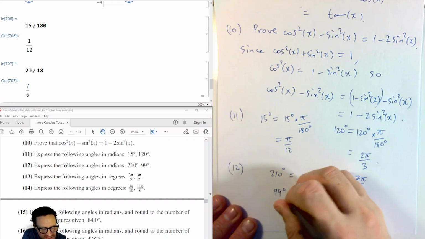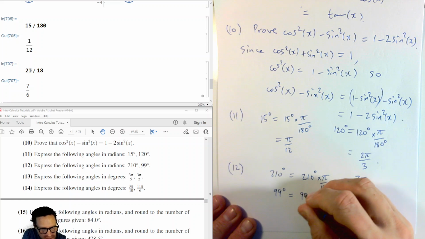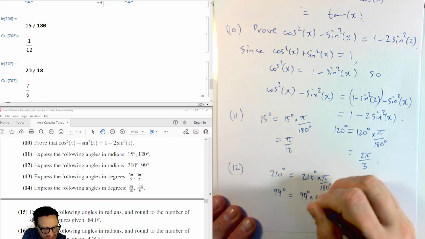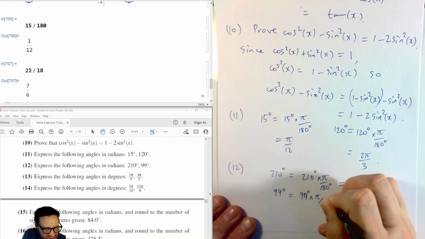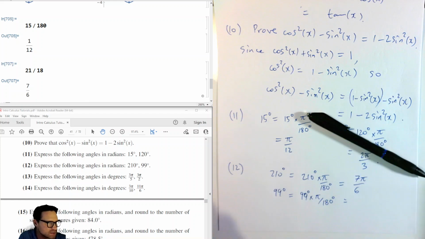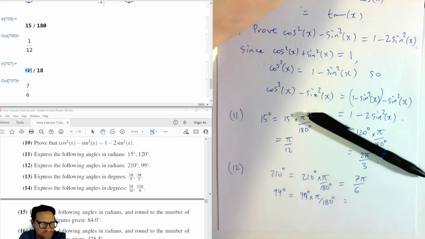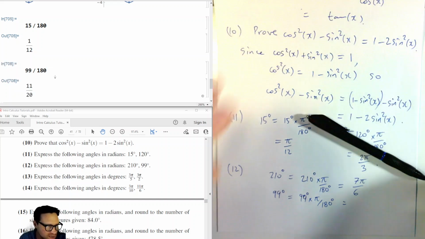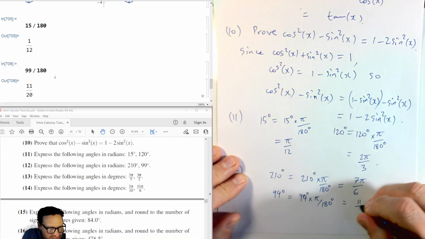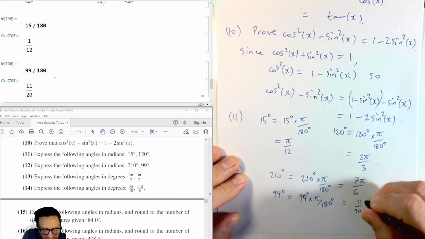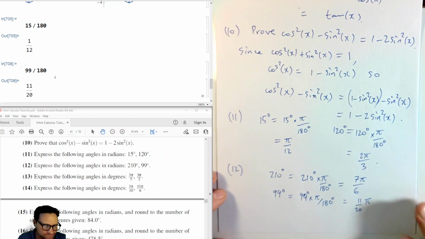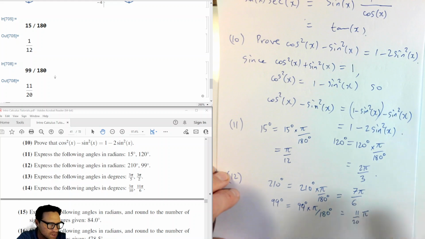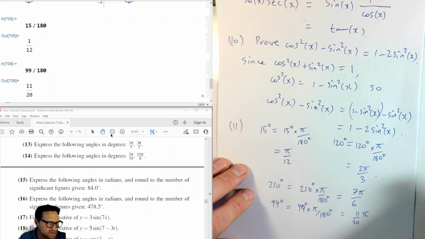Okay, 99 degrees is 99 degrees times pi on 180 degrees. So let's reduce the fraction 99 on 180. So we have 11 on 20 pi radians. Okay, moving on, converting the other way.